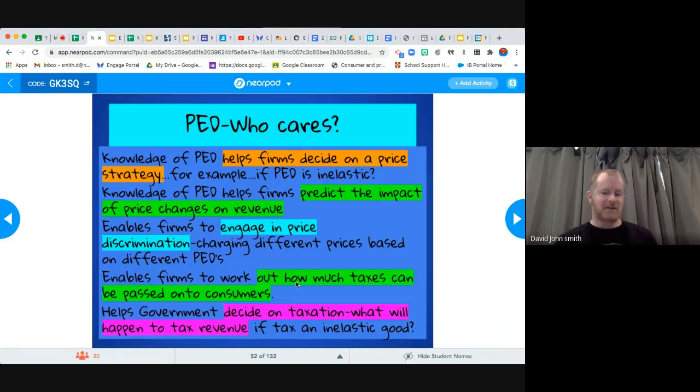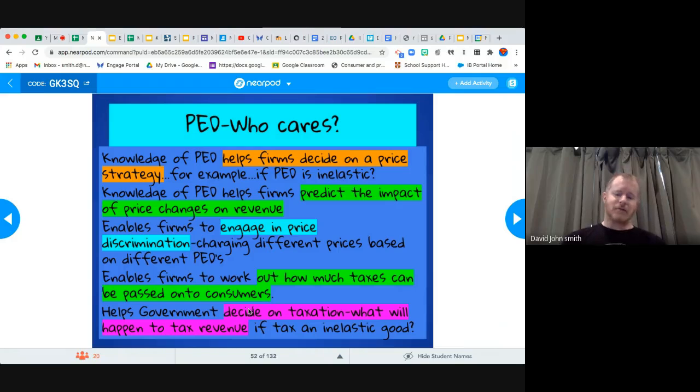Right? It enables businesses to work out how much of the taxes that they get charged they're going to be able to pass on to consumers. And we had a wee conversation about that with the inelastic product, right? The inelastic demand, perhaps on cigarettes, where an increase in tax increased the price, but meant that they could pass a lot more of that onto the consumers because very little responsive change in quantity demanded occurred.